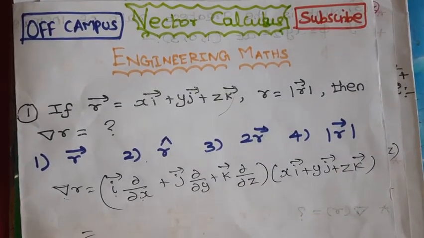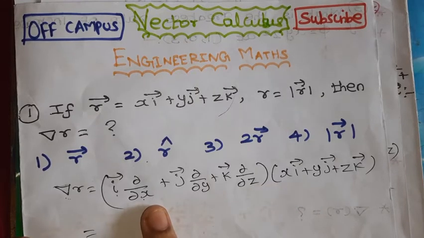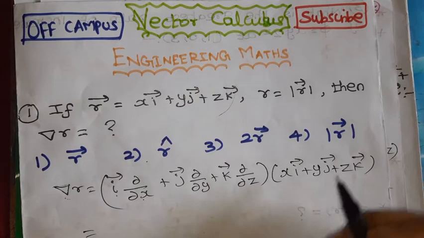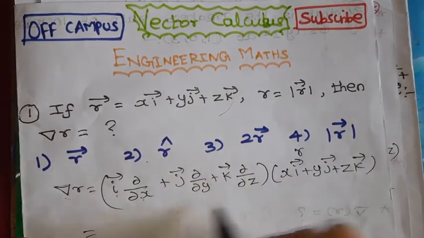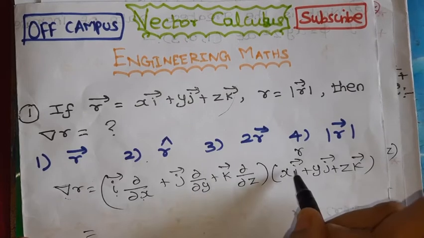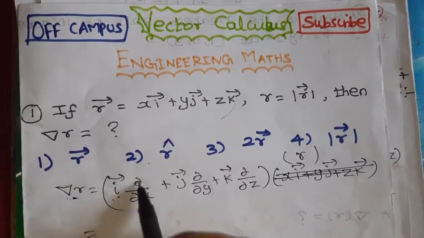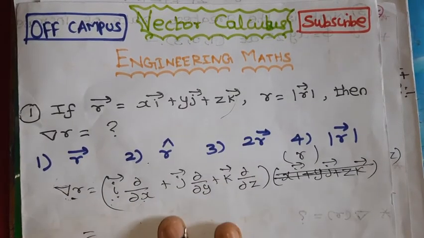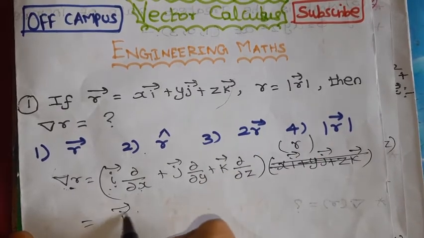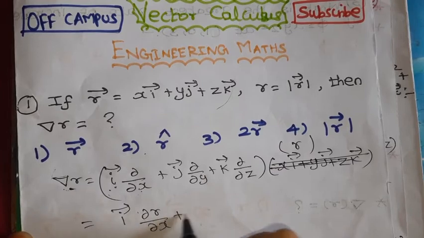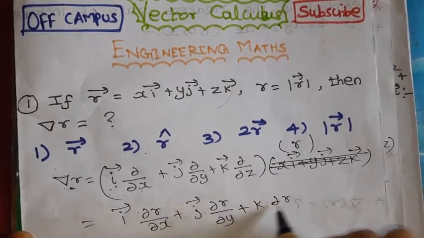Del r is nothing but i into dou by dou x plus j into dou by dou y plus k into dou by dou z, into r. What will we get? i into dou r by dou x plus j into dou r by dou y plus k into dou r by dou z.